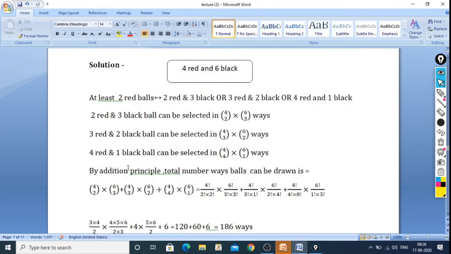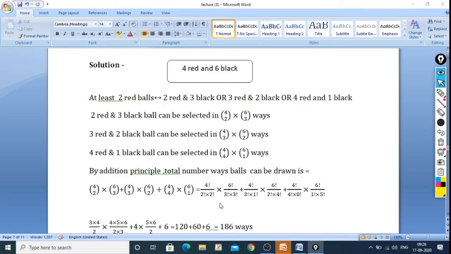So here by addition principle, total number of ways balls can be drawn is this 4C2 into 6C3, the first term, plus 4C3 into 6C2, that is second term, plus 4C4 into 6C1, that is the third term.